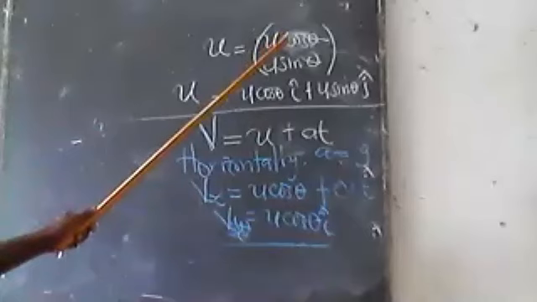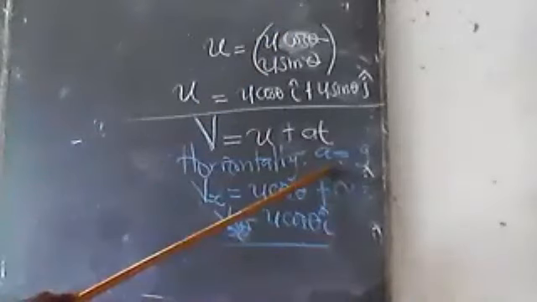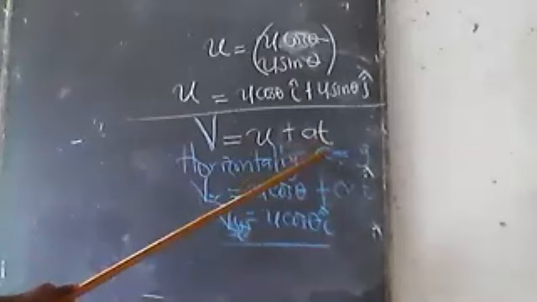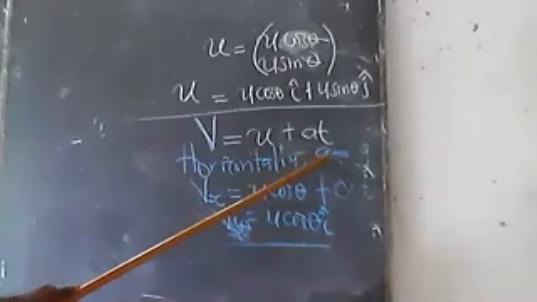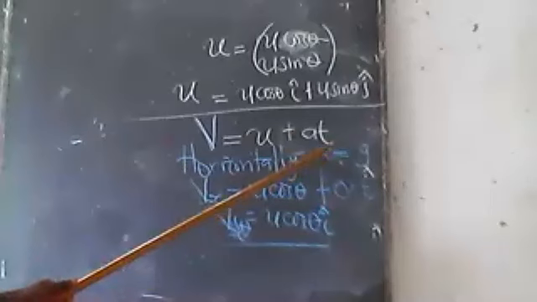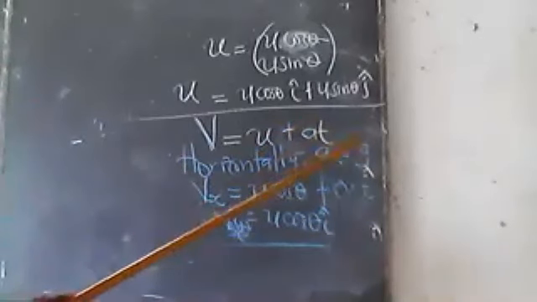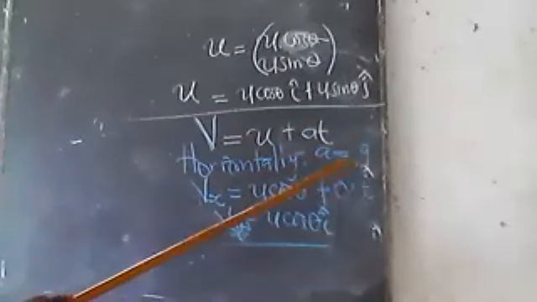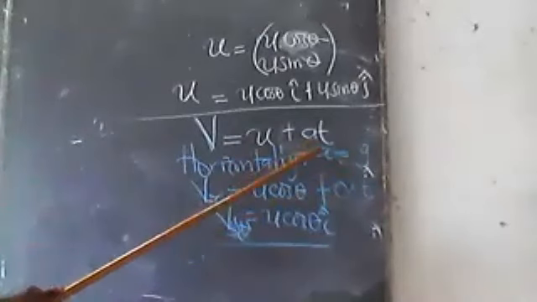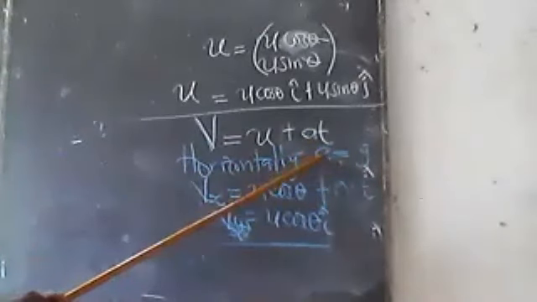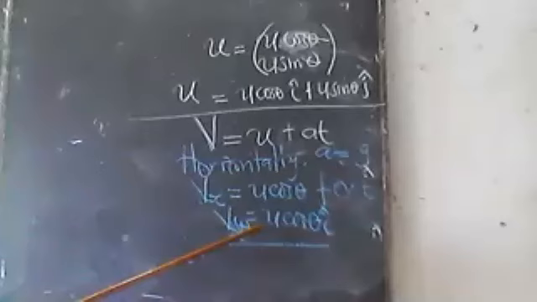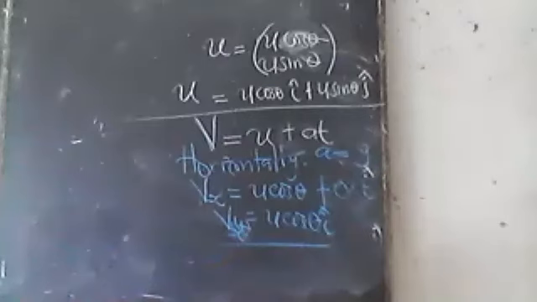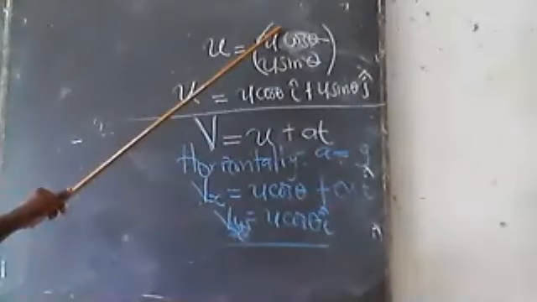So if I substitute 0 for acceleration, and u cos theta for u, you realize that the horizontal component of the velocity at any time t is u cos theta. So it remains the same as the initial velocity. Is it okay? Yes. Now, vertically, hope we can see here.